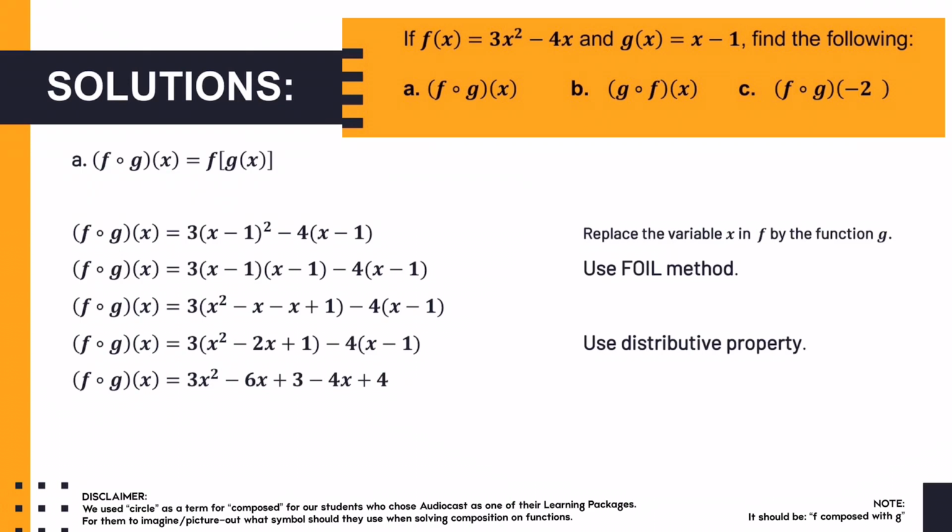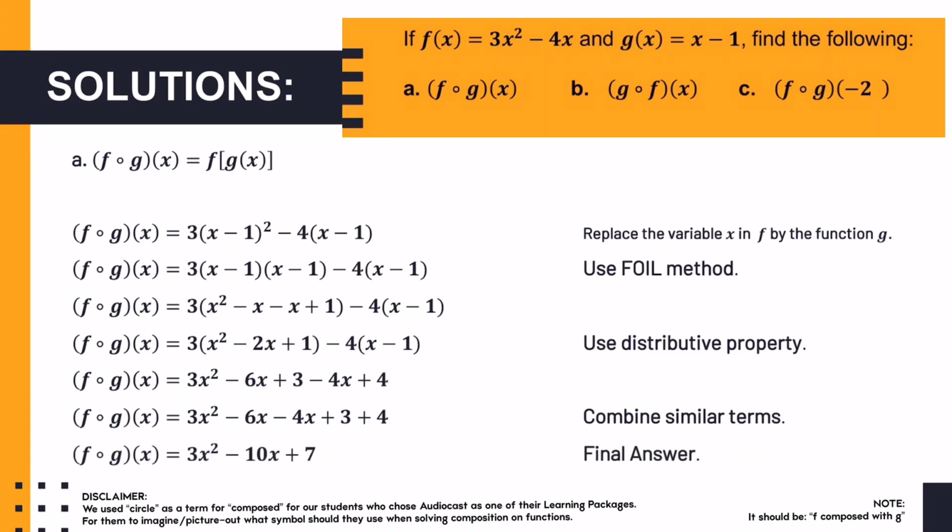Then negative 4 multiplied by negative 1, that is positive 4. Again, combine similar terms. 3x squared, negative 6x, then negative 4x, that is negative 10x. Positive 3, then positive 4, that is positive 7. Then, if there are no more similar terms to combine, that's the final answer: 3x squared minus 10x plus 7.